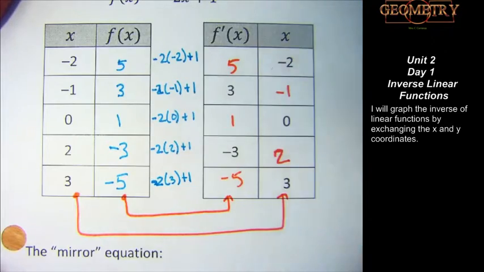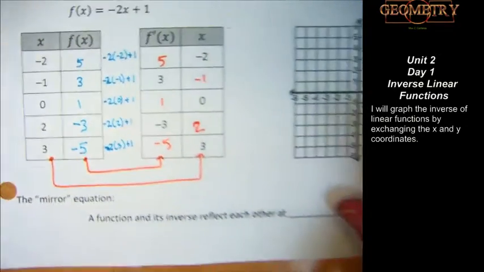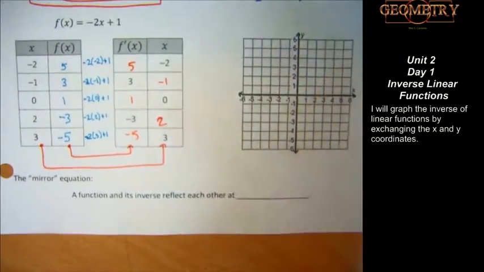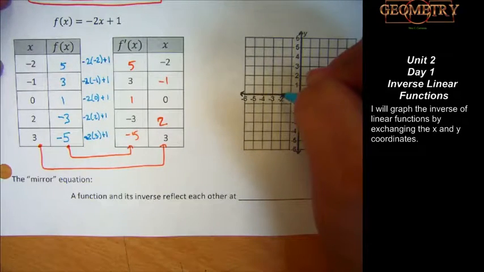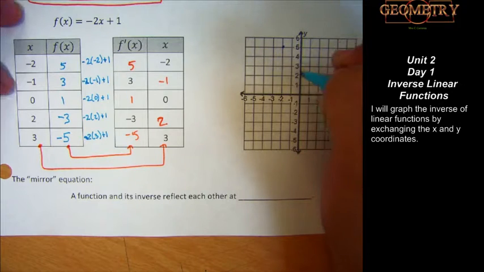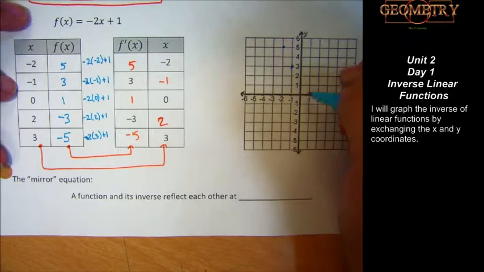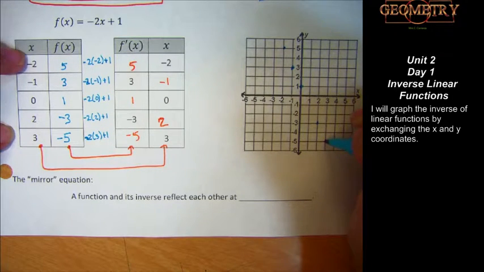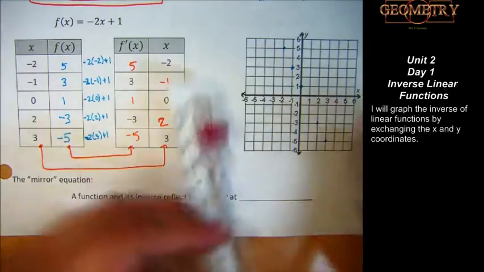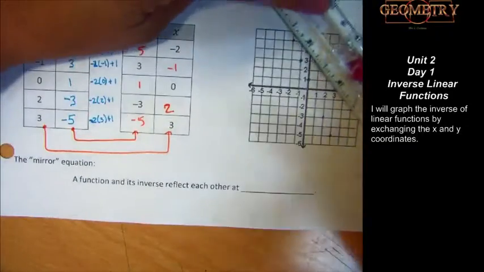Alright, now that I have them, I'm going to go ahead and graph them and see what happens. -2, +5, -1, +3, 0, 1, 2, -3, -5, and time for my straight line maker.